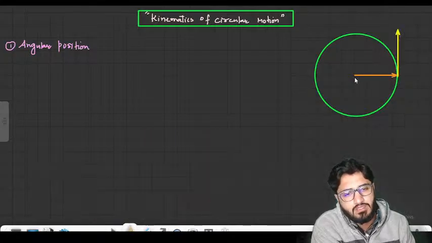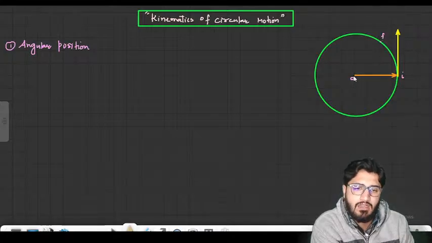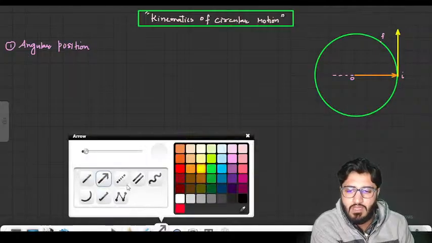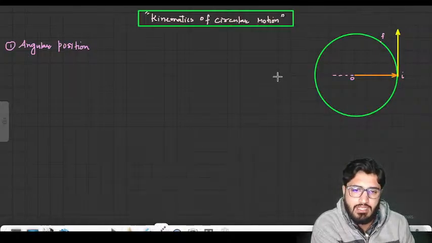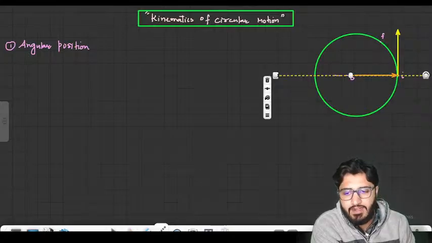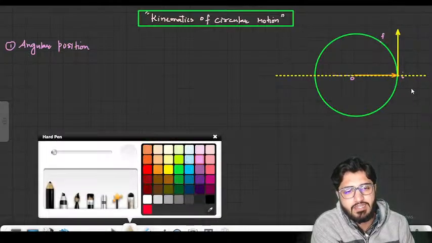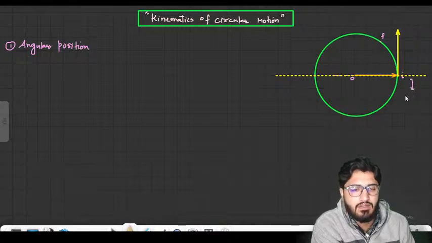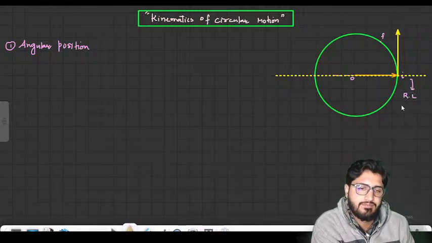So origin O, the particle initially is here, and finally it is here. I can make this one a reference line. A reference line simply indicates where from we are indicating each and every movement, right?